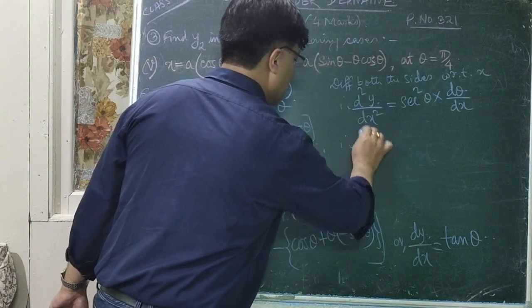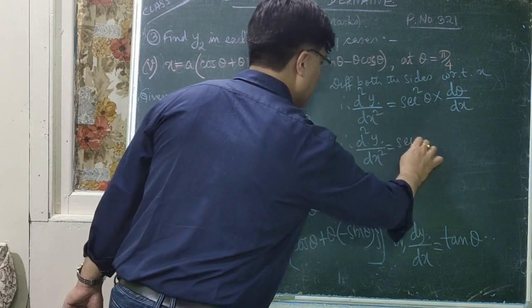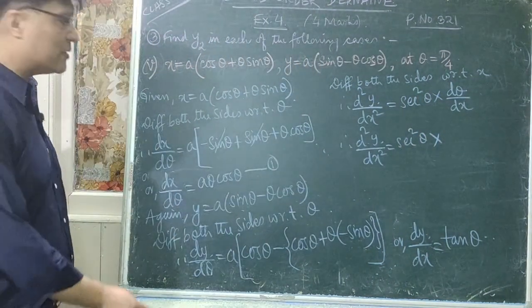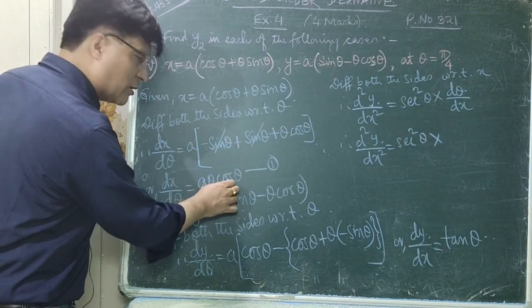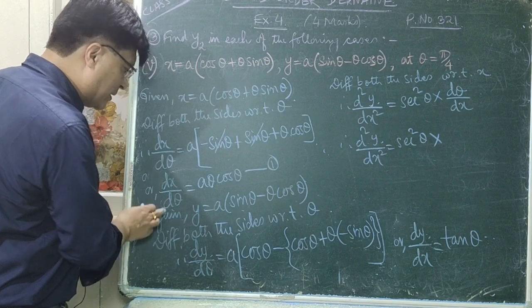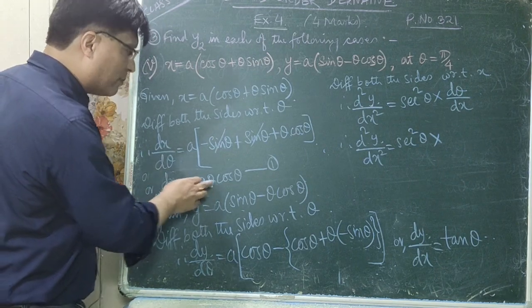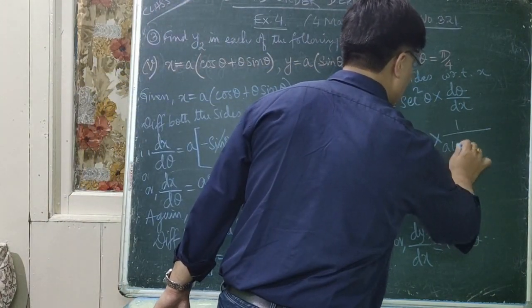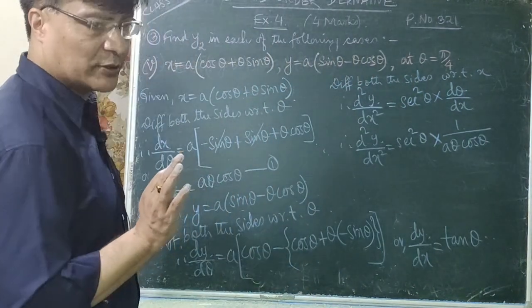So d2y by dx square is equal to sec square theta into, what is the value for d theta by dx? From 1 we have got the value for dx by d theta is equal to a theta cos theta. So what is d theta by dx? You have to invert both the sides. It is 1 by a theta cos theta.